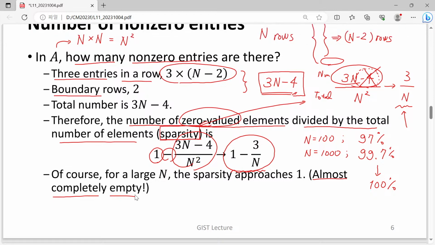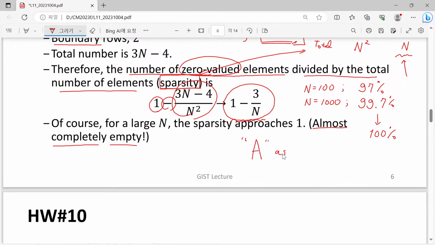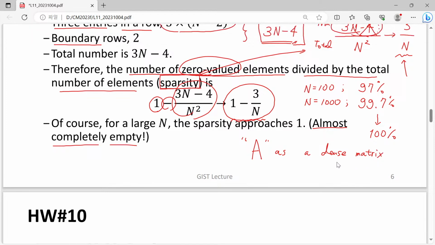Okay, so from this kind of observation, we can find that description of A as a dense matrix. Dense matrix means that in general their entries or elements are non-zero, in many cases, but that becomes quite inefficient.